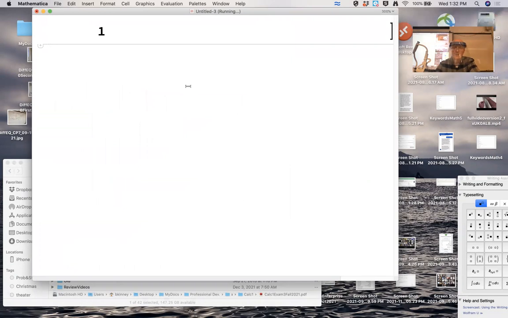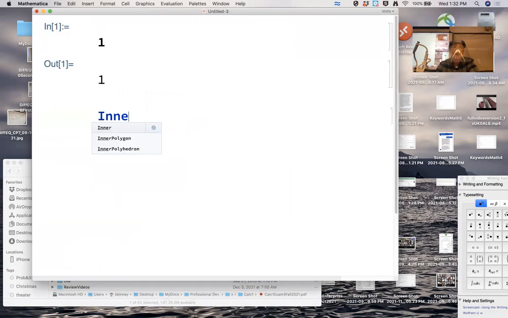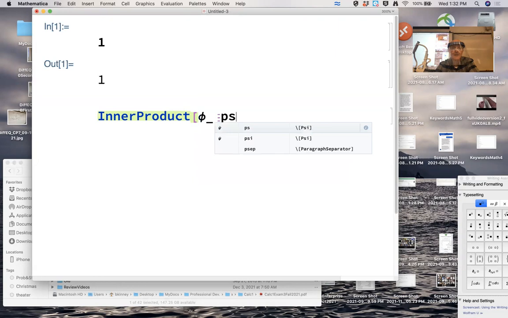Okay. I can do this stuff in Mathematica. I can define the inner product of, say, phi and psi.